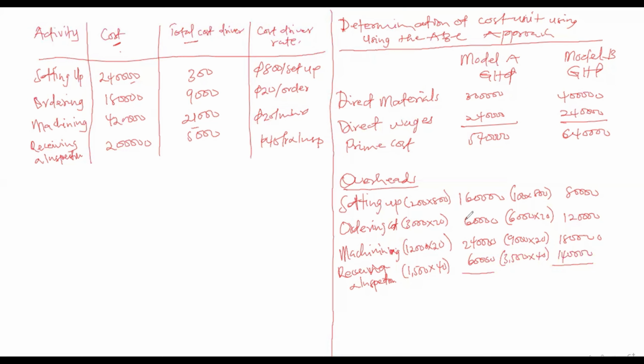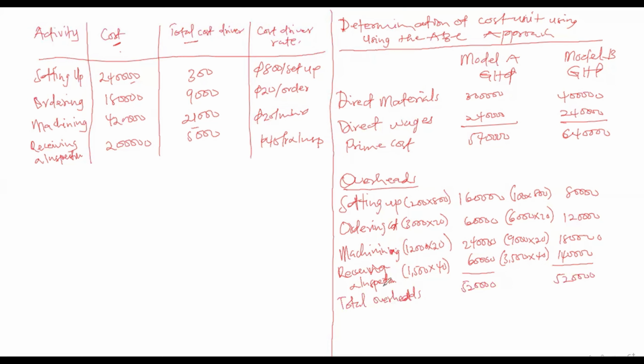So we add all these to get our total overheads. When we add all the overheads on A, we are going to get 520,000. And we will get 520,000 for B also.